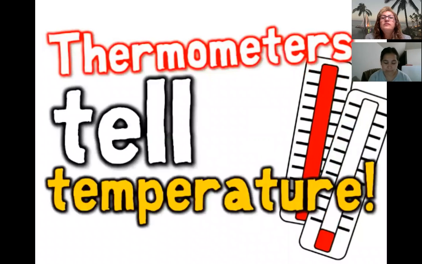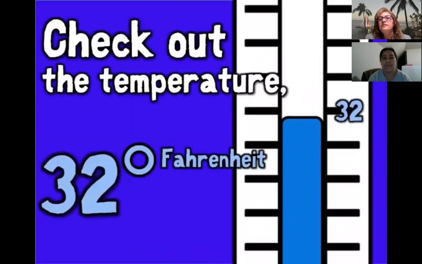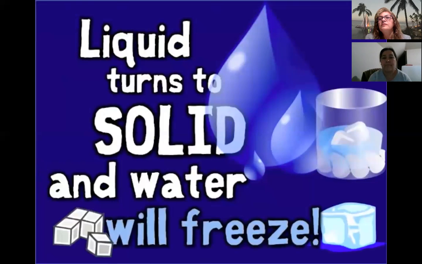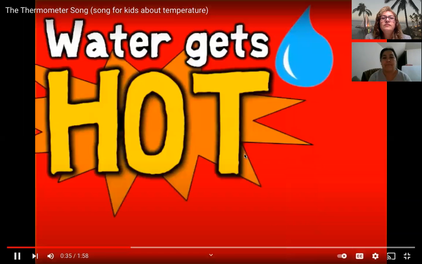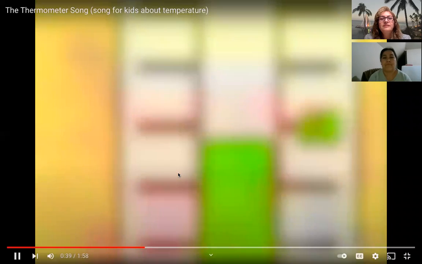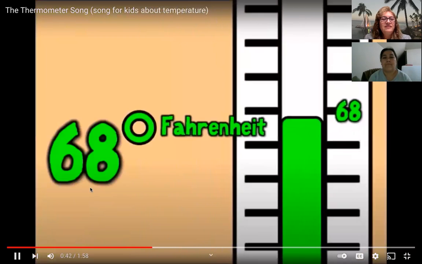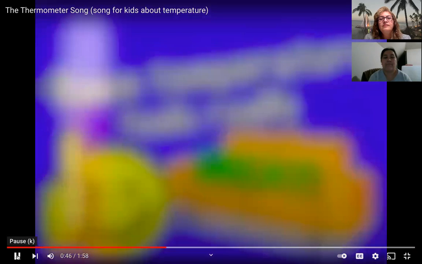Thermometers tell temperature. Check out the temperature, 32 degrees. Liquid turns to solid and water will freeze. Check out the temperature, 212. Water gets hot and it might make it yell because it's warm. But somewhere in the middle is 68. Room temperature feels really great.